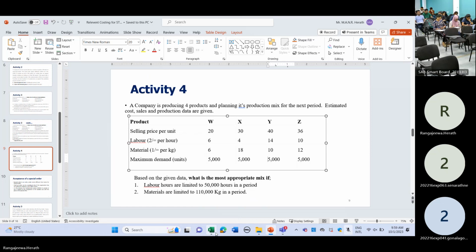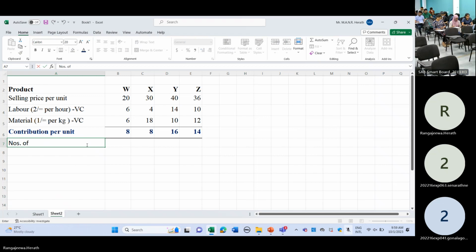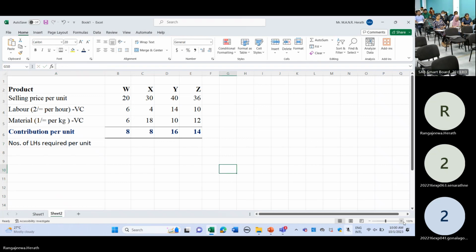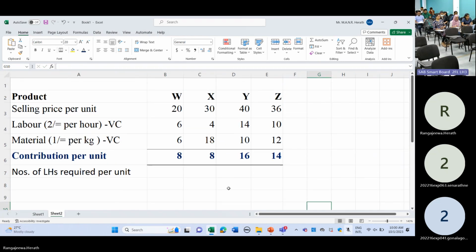So you can have the number of labor hours required per unit.